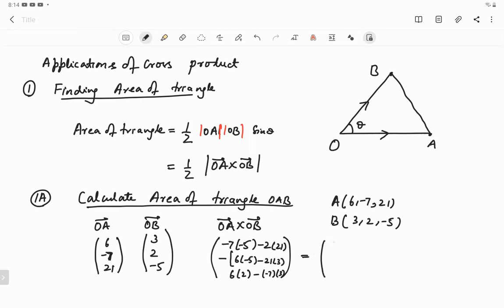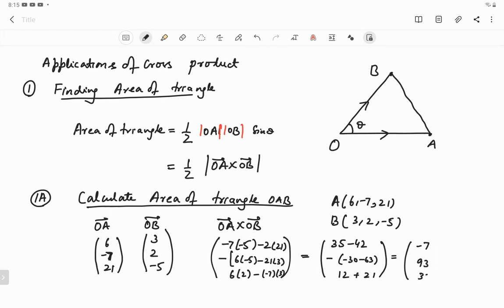When we simplify it, it's 35 minus 42, minus 30 minus 63, 12 plus 21. And then 35 minus 42 is equal to minus 7. Minus, it's plus 93.